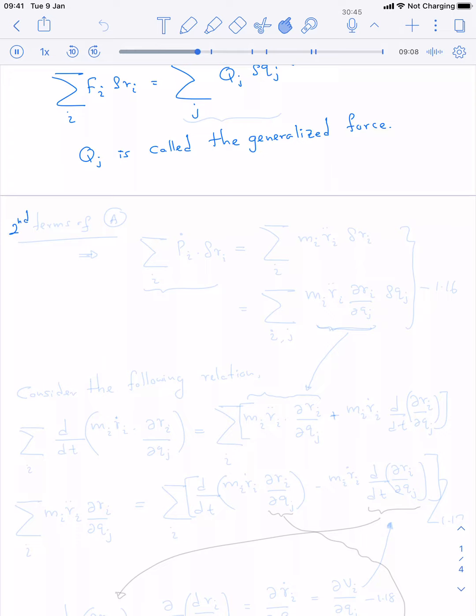Now the second term of A is Pi dot times delta Ri.